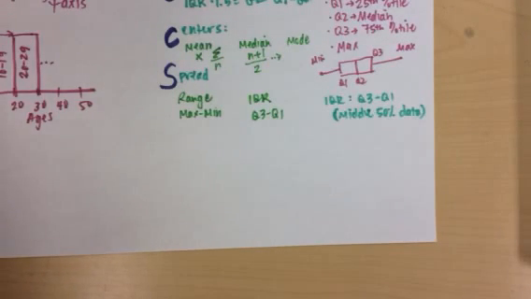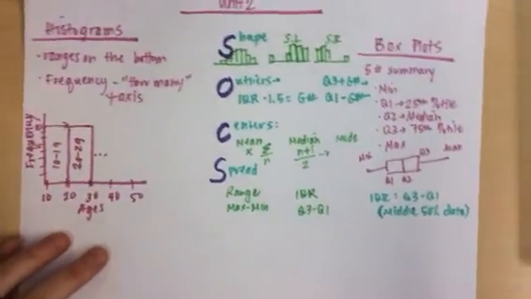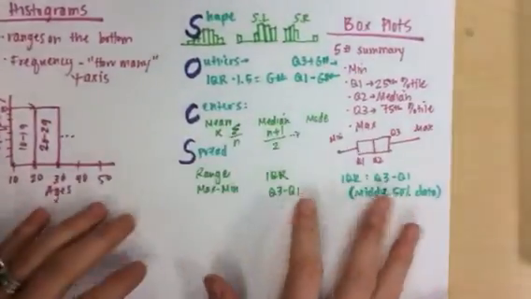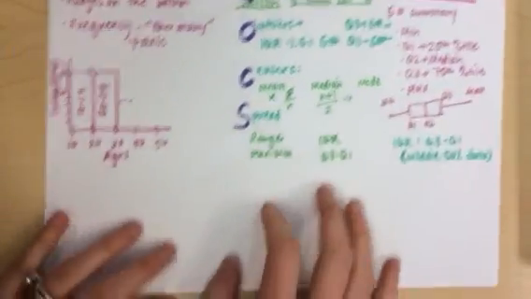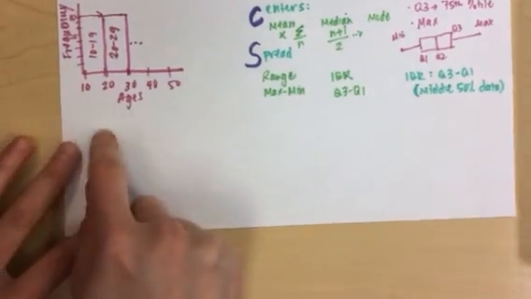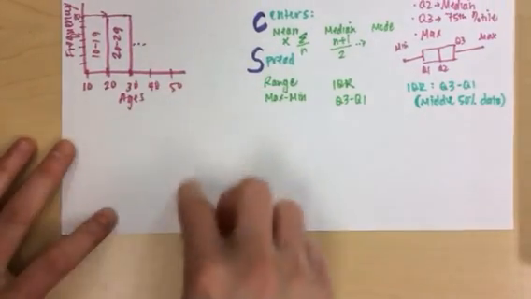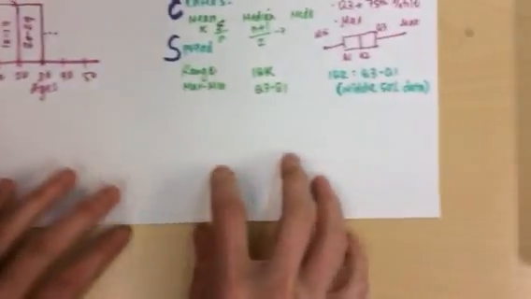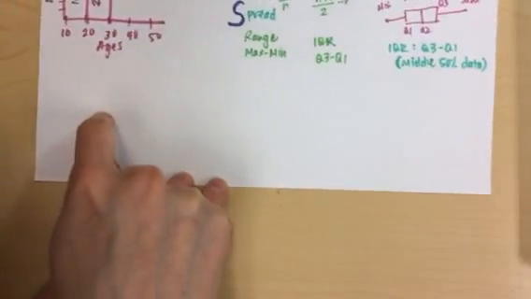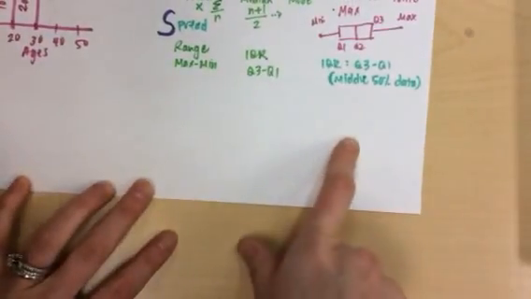So we actually accomplished most of our information here as far as getting our big ideas down. Now we just need to put in some example problems. I would add an example set of data here and actually graph it, maybe write a little SOCS summary for that same set of data, and then make a box plot for that same set of data.